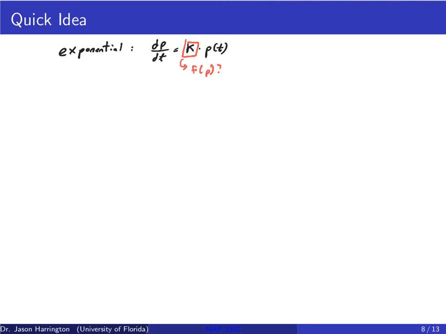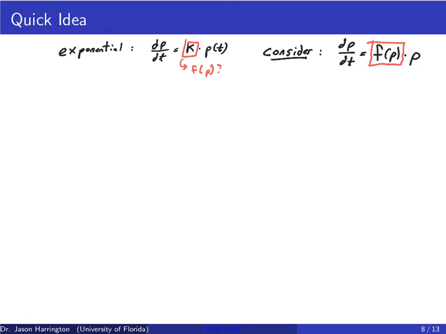Now what I'm going to do is consider the new case. I'm going to consider dp over dt is just equal to a function of p times p. And the question is, what would make a really good function there? And here's what happens.